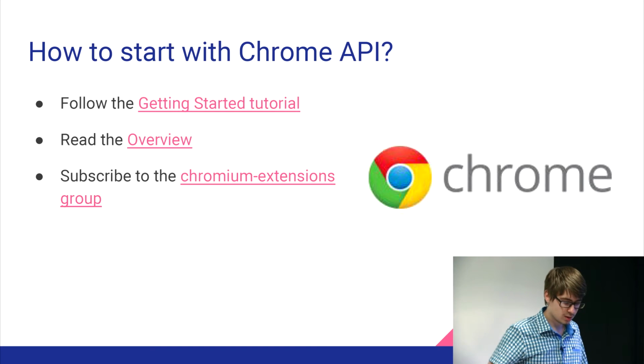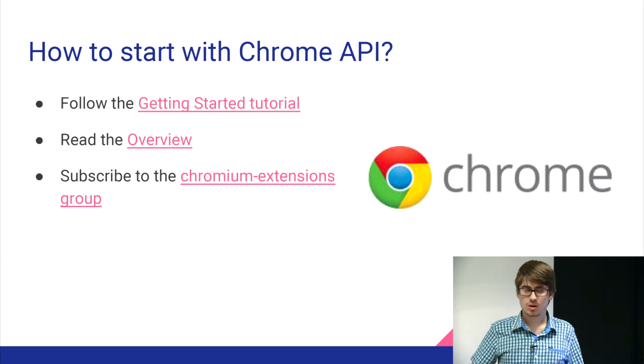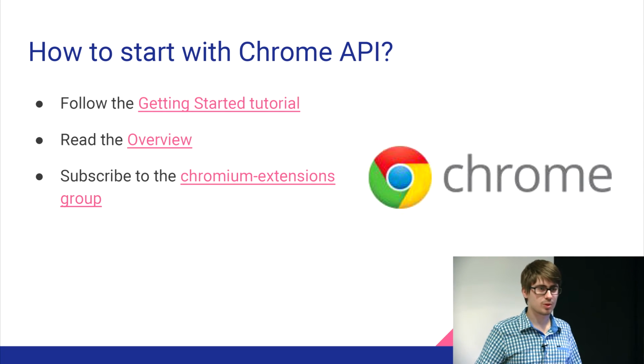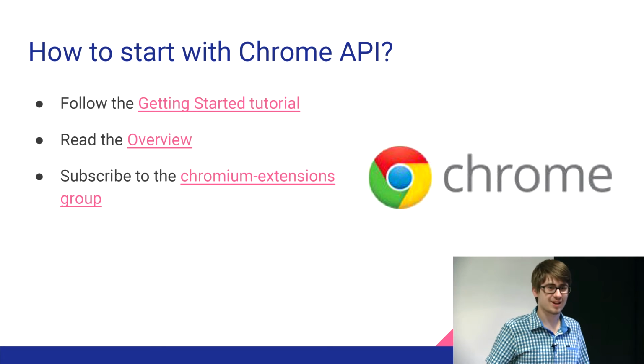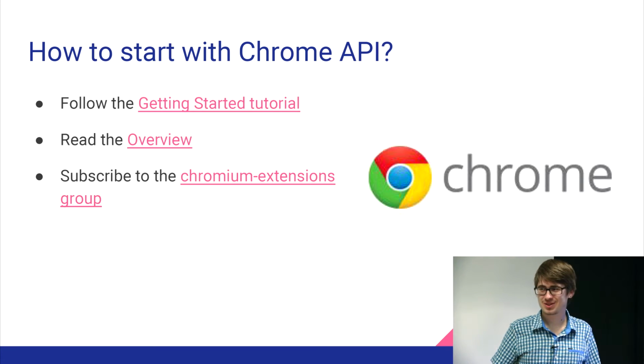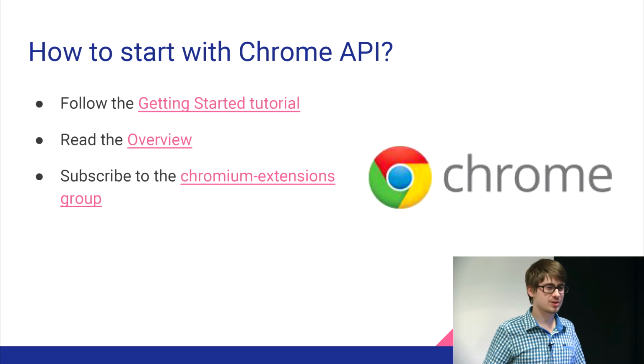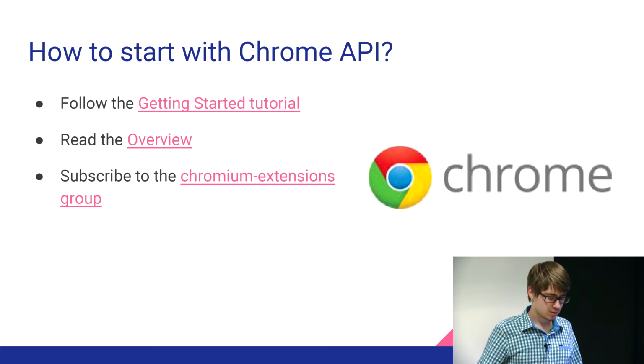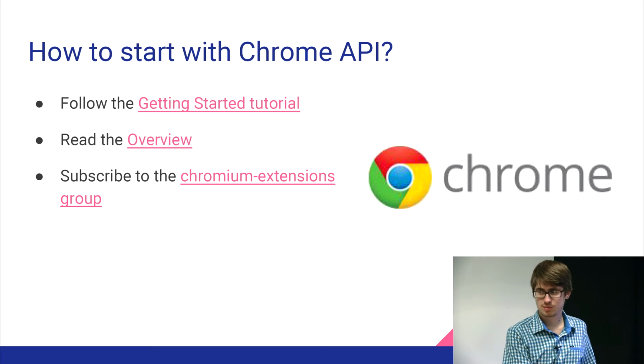And about the Chrome extensions group on Google forums: it is updated frequently, and if you have problems with permissions or something, as I had previously because I spent a lot of time with this extension, you can post a comment or create a topic, and in 2 hours someone who frequently visits the Google groups will answer each of your questions. So this is great, there is a community which can help you develop extensions.